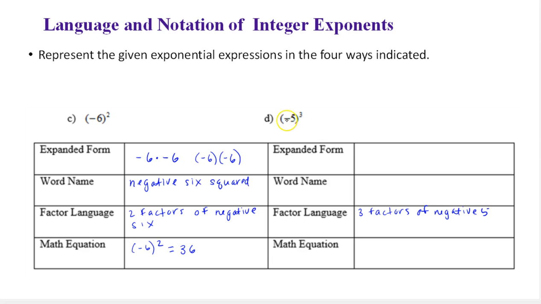Okay, so since the negative's in parentheses, in expanded form, it means negative 5 times itself 3 times. Okay, and the word name, we would write negative 5, either cubed, or we could say to the third power.